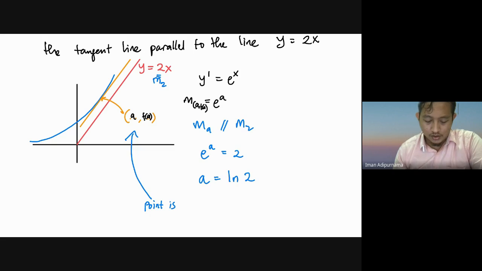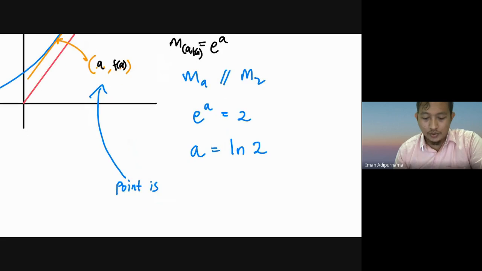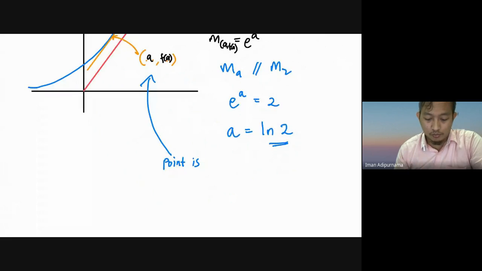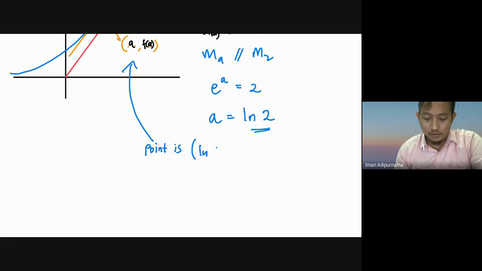Sometimes when you have this kind of question, you write ln 2 on the paper, but actually the question is asking for the point, so you need to answer completely. So the point is ln 2, comma, 2.